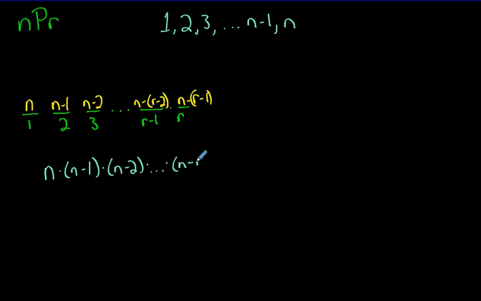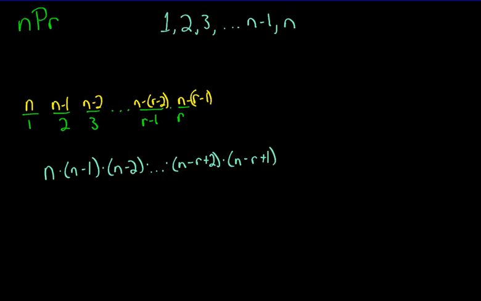So we've got minus r plus 2 times n minus r plus 1. Alright, that's not helping us figure out a formula just yet, because I've never really seen anything quite like that.